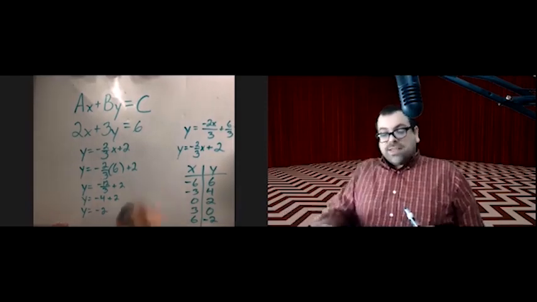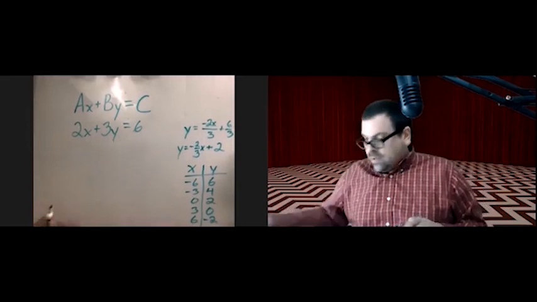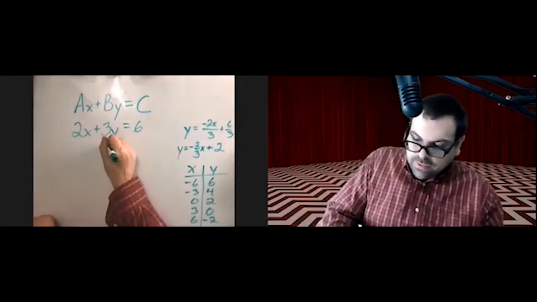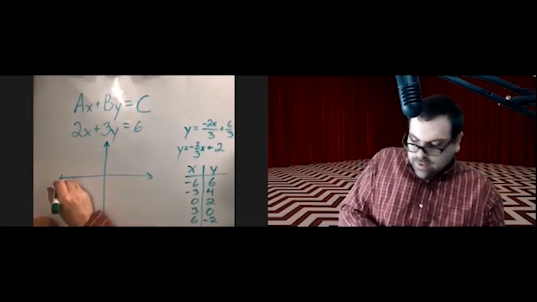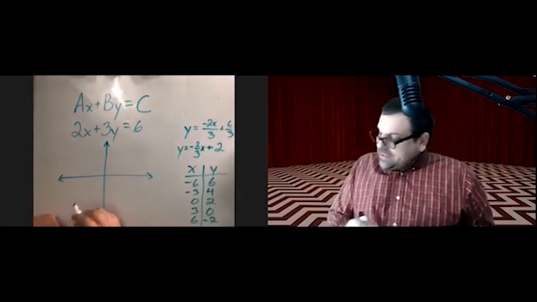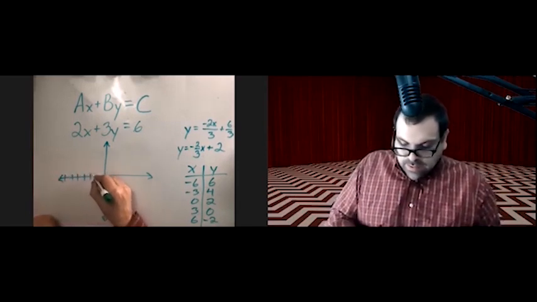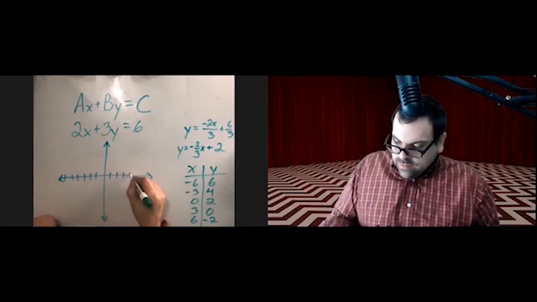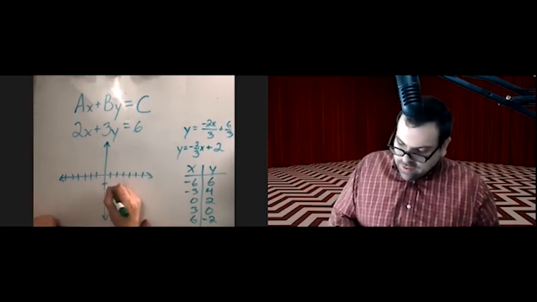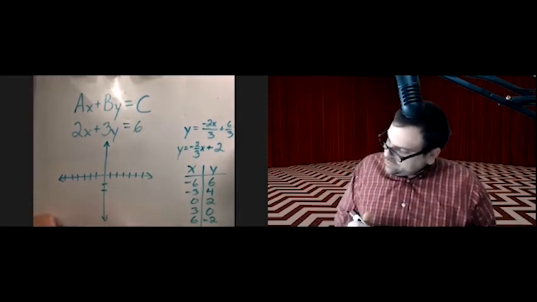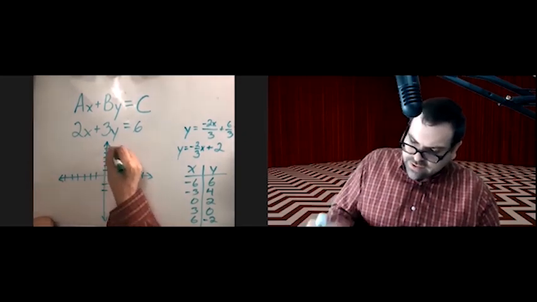What do we do with our XY table? We plot these points. My x's need to go from negative 6 to positive 6 at least. My y's, I'm going to need negative 2 up to 6. 1, 2, 3, 4, 5, 6.